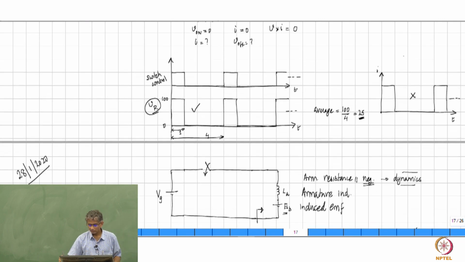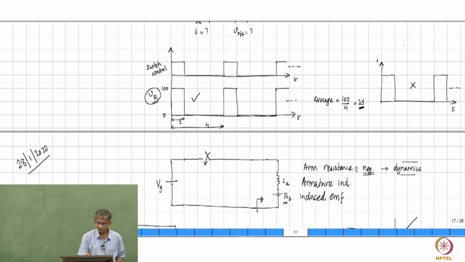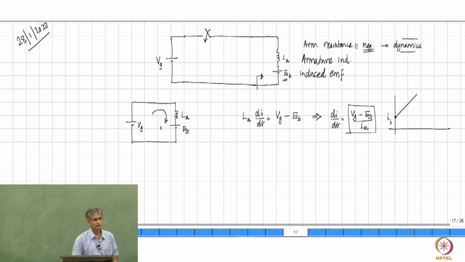Now, we are going to turn the switch off after some time, and the question is, what happens if you switch it off, right? So if you turn the switch off, then it means that you are interrupting the circuit, and if you interrupt the circuit, what will happen to this flow of current that was happening?